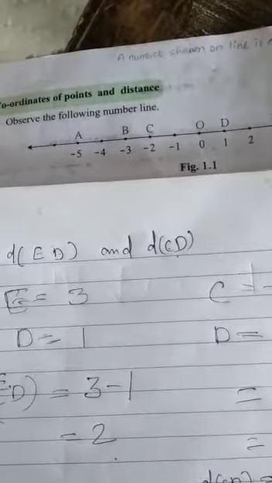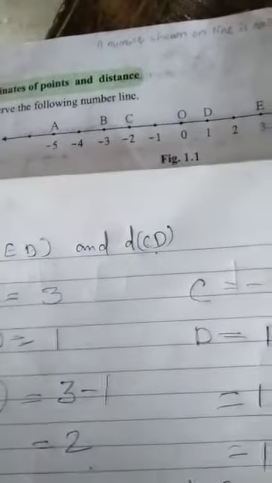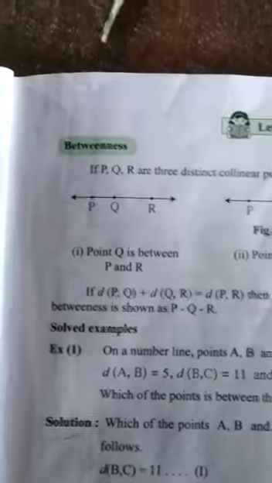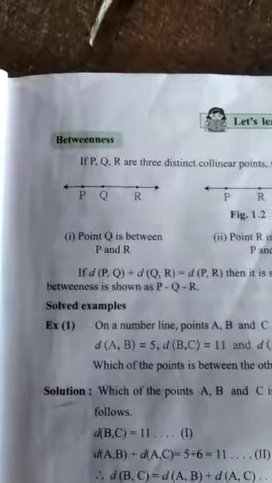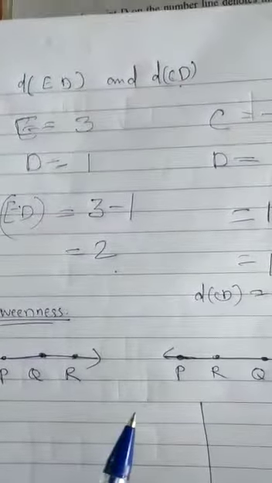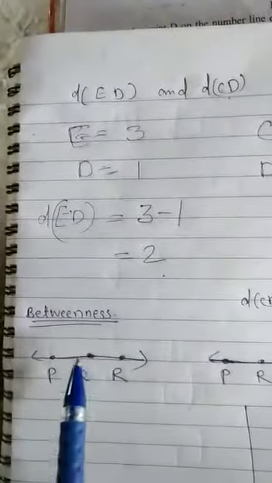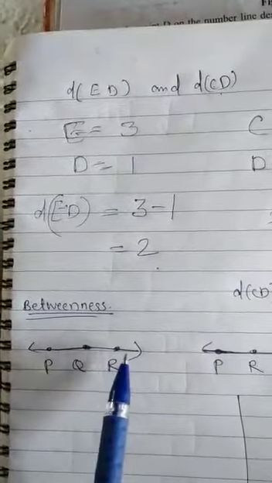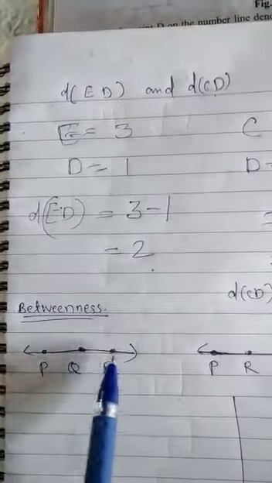Okay. Now we will start the next point, betweenness. Betweenness means, if 3 points are given, let us consider P, Q, R, 3 distinct collinear points. Collinear points means 3 points lying on one straight line.